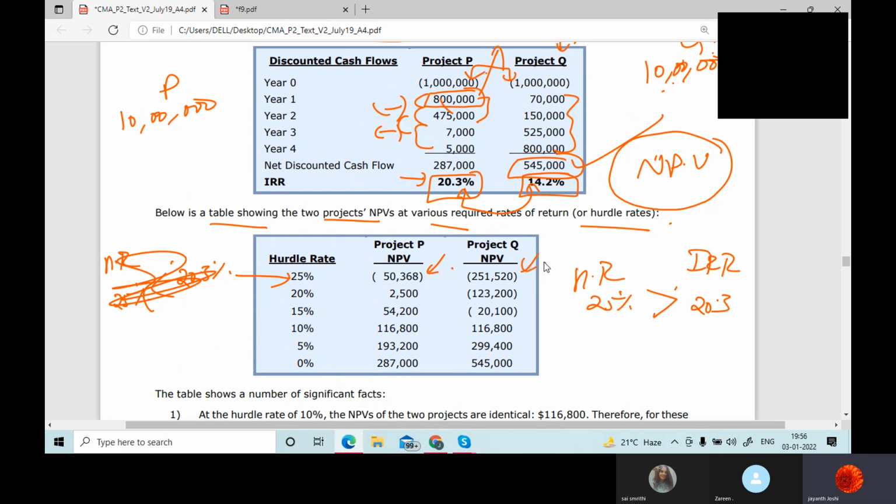Here I'm getting positive NPV because my hurdle rate is less than my IRR, so I can accept. Here again negative NPV because the hurdle rate is more than IRR. Here positive NPV again, because in both cases my hurdle rates are less than my IRRs.